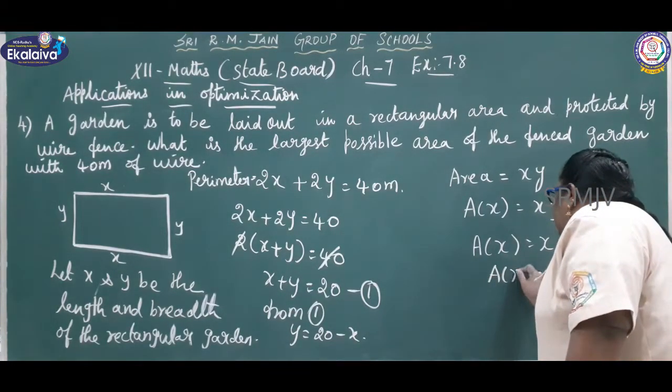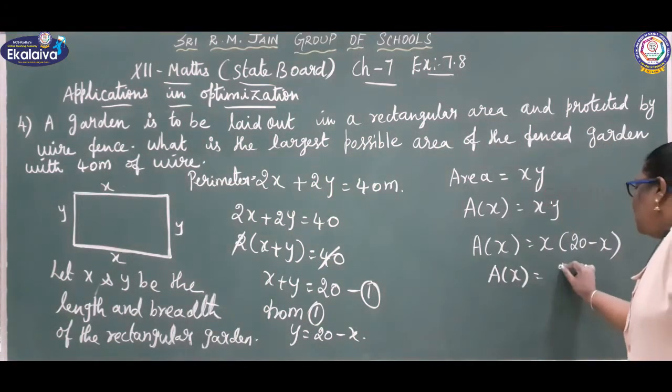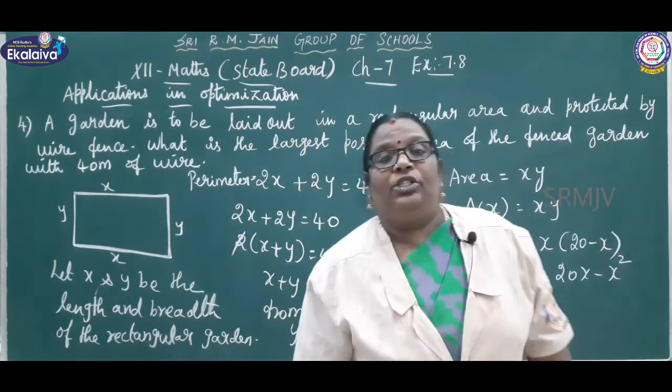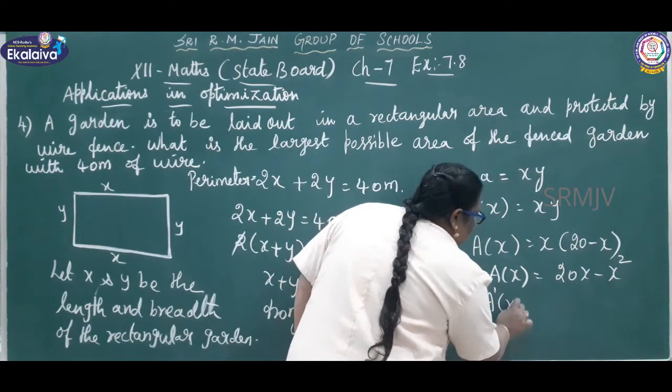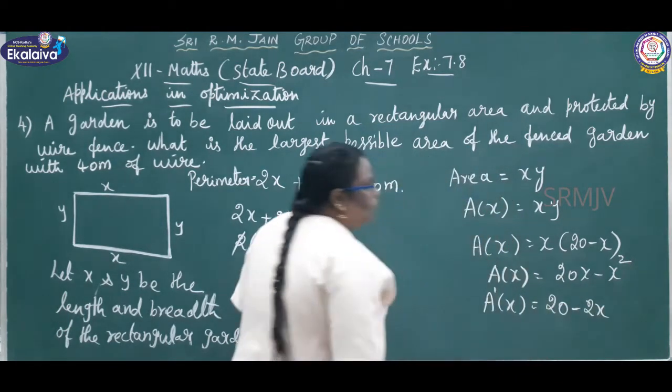A of x, area, equals 20x minus x square. Differentiate with respect to x. A dash of x equal to 20 minus 2x.